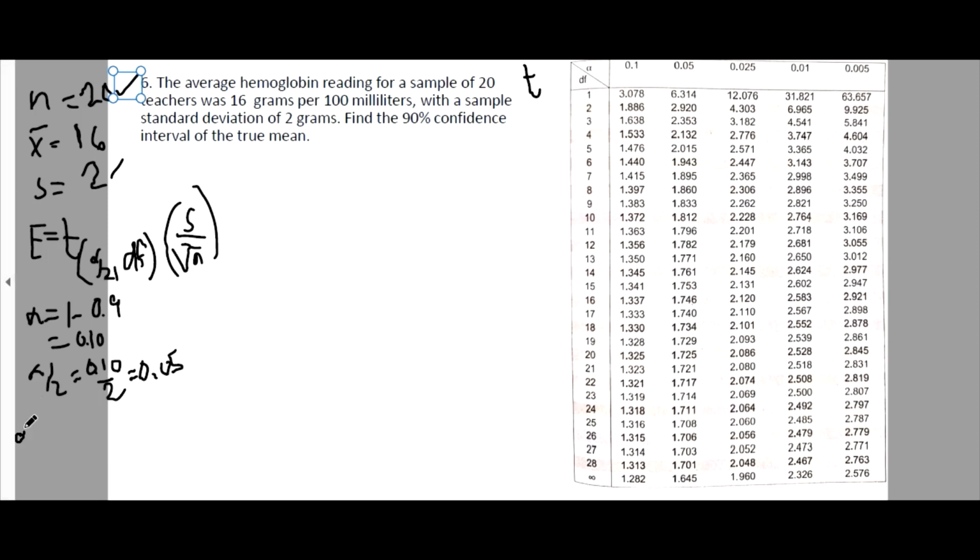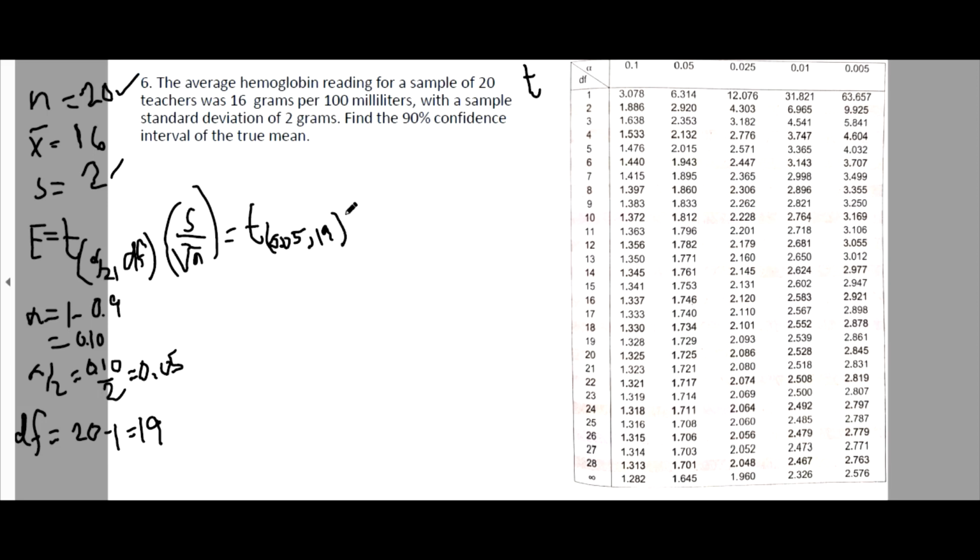Next, the degrees of freedom, that is n minus 1. Our n here is 20 minus 1, it's 19. So therefore this is now T sub 0.05 comma 19 times s over square root of n.